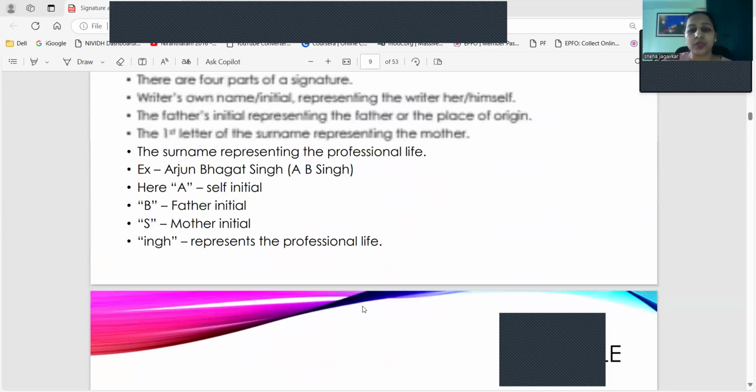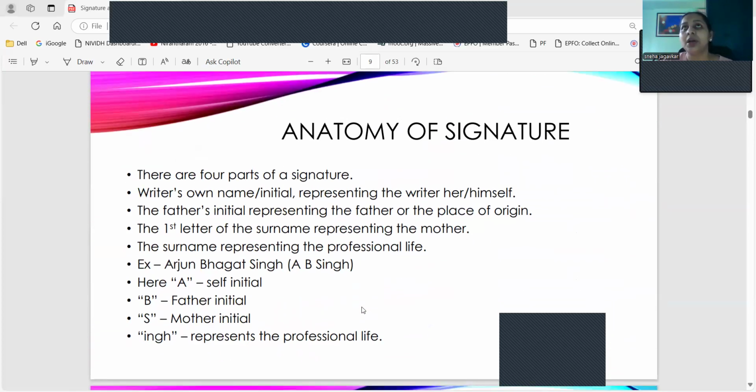Also, before I move over here, there are some religions or castes who prefer writing just their name and their surname, or just the initials and the full surname. So it is all up to you. I am not pinpointing any particular region of India, that these kind of people sign in this particular way.